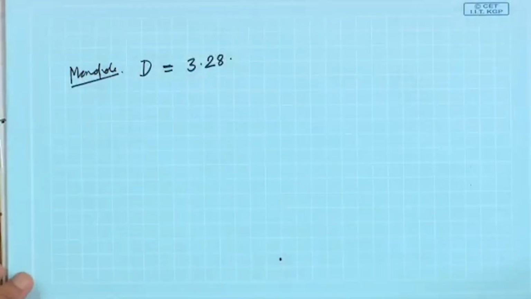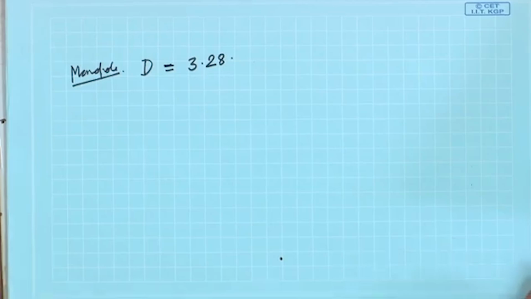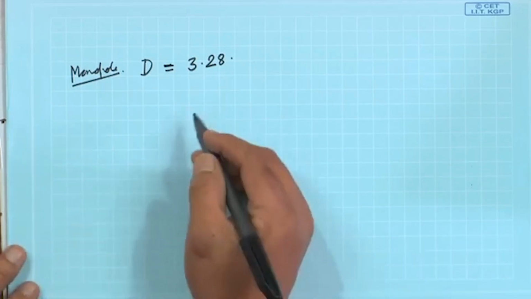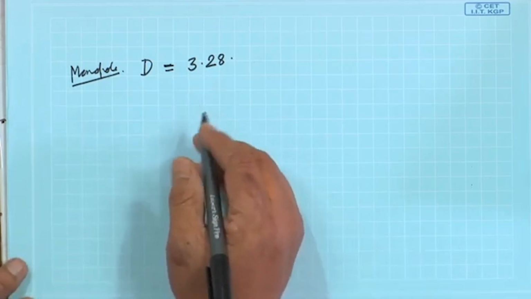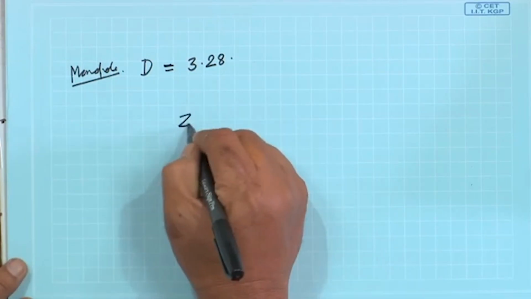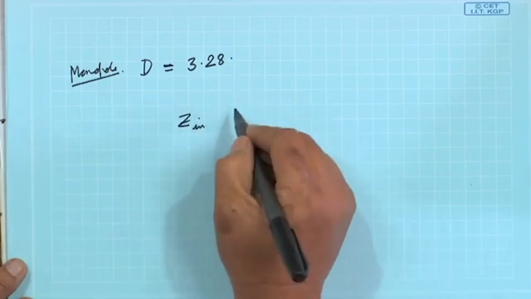Now, we can find out, as a circuit element, what a dipole or monopole is. So, what is the input impedance Z in?